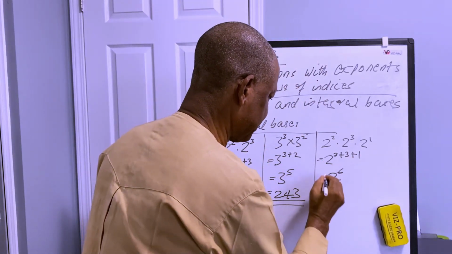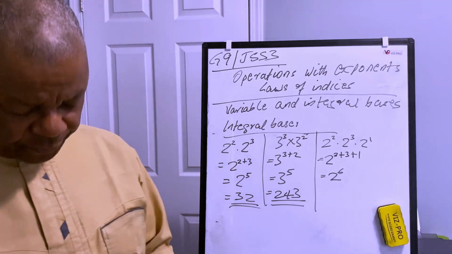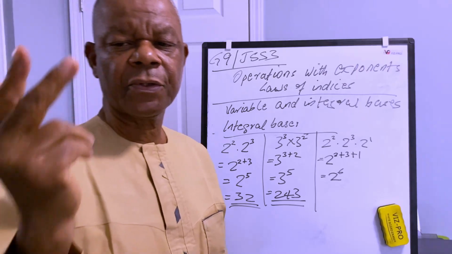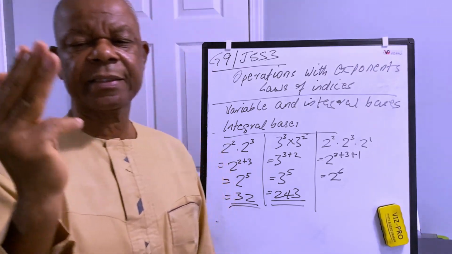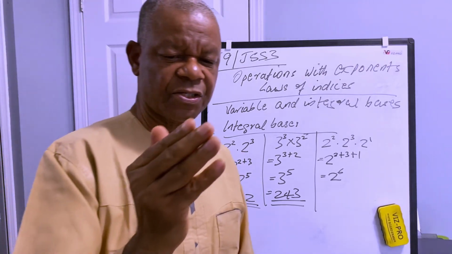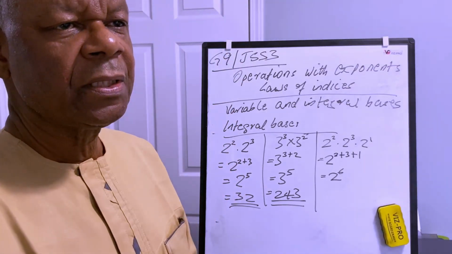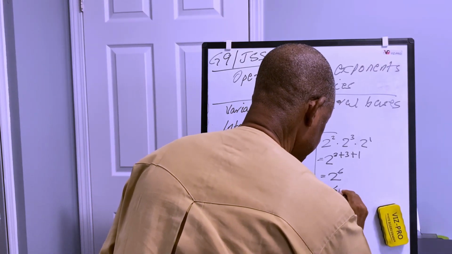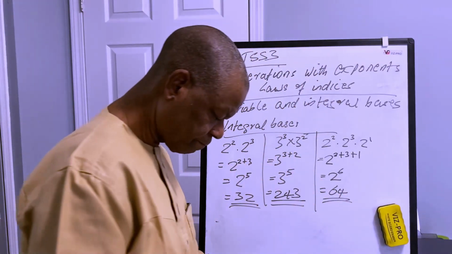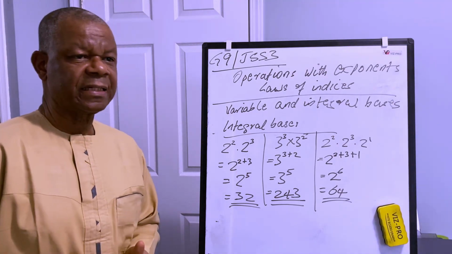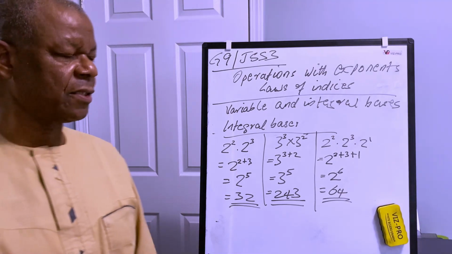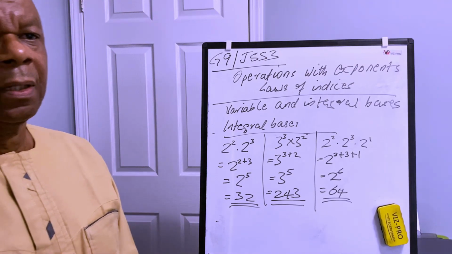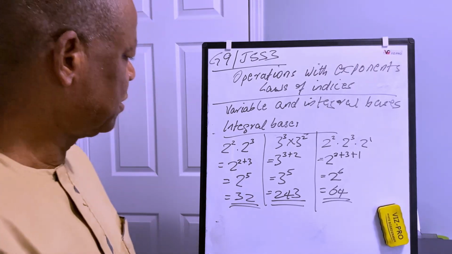It is also a manageable number, so we can go beyond that. 2 times 2 is 4, 4 times 2 is 8, 8 times 2 is 16, 16 times 2 is 32, and 32 times 2 is 64. That is integral bases for the first law, which is multiplication.